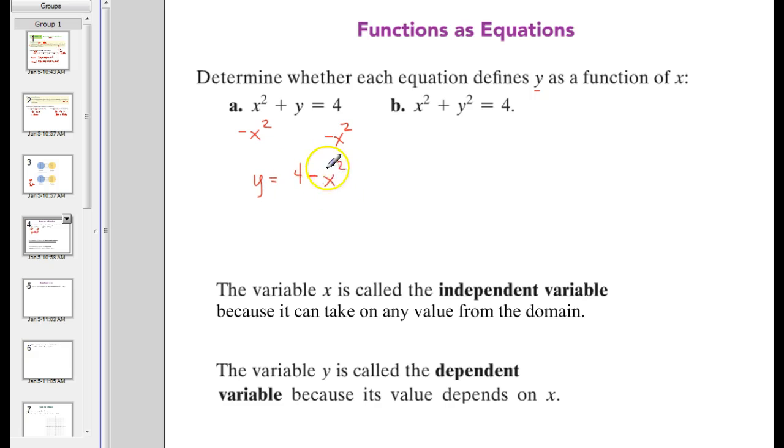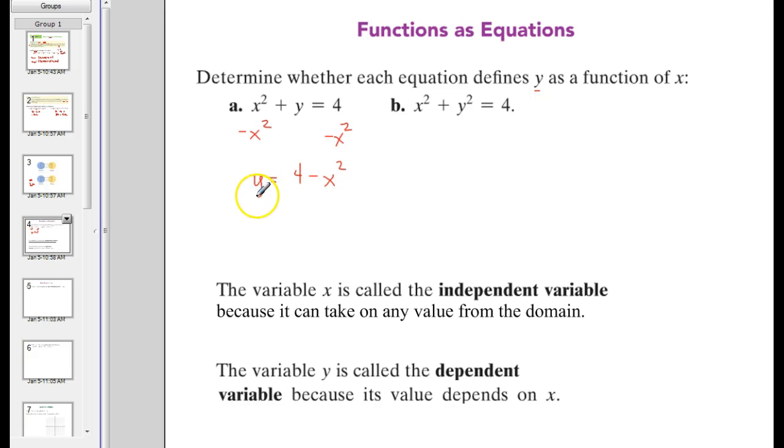And you ask yourself, if I pick a number for x, is it possible to get more than one y? If it is, then that's not a function. But if x is 1, 1 squared is 1, 4 minus 1 is 3, I only get one y. If x is 12, 12 squared is 144, 4 minus 144 is negative 140.